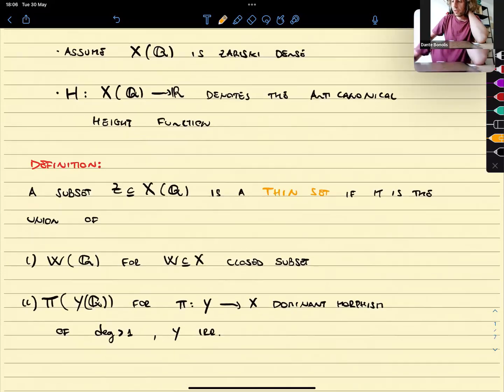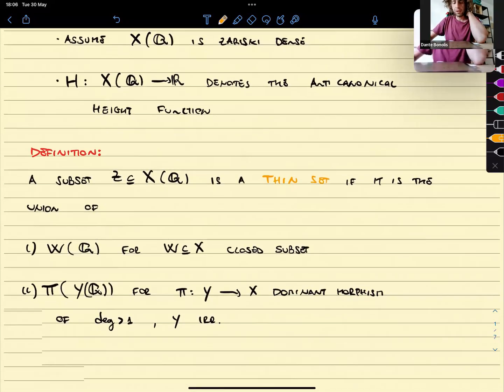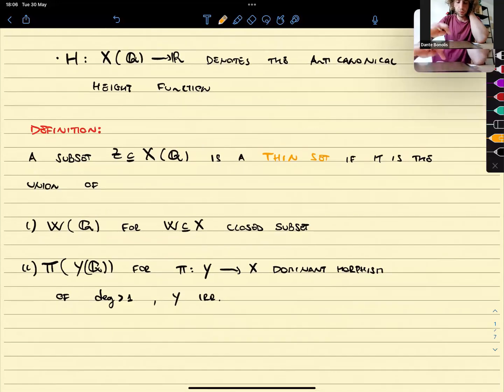Before stating what is called the Manin-Peyre conjecture, I want to recall the definition of a thin set. So basically, we consider a subset Z of the rational points of X, and we say that Z is a thin set if it's a finite union of two kinds of sets. The first option is to take a closed subset of X and then take the rational points on it.